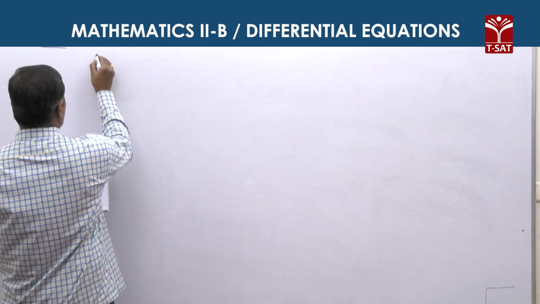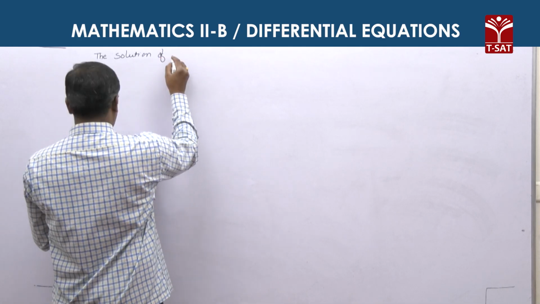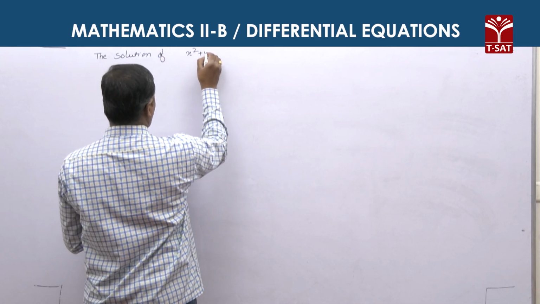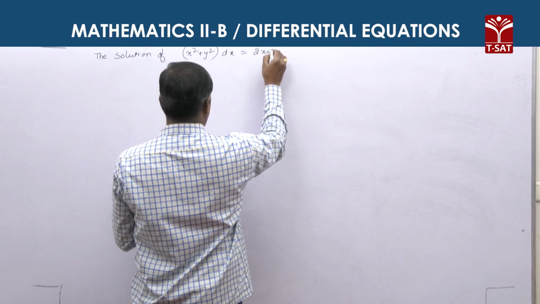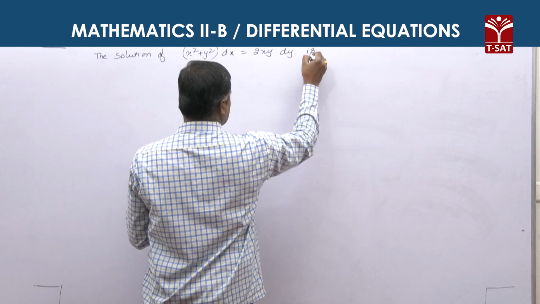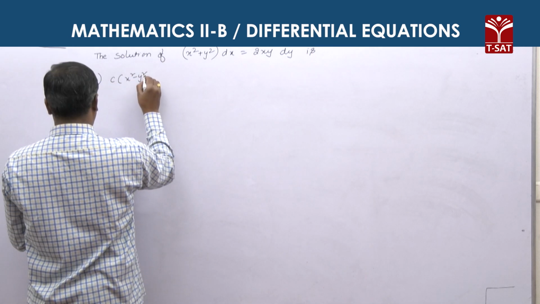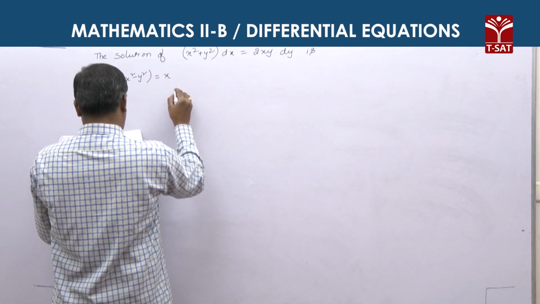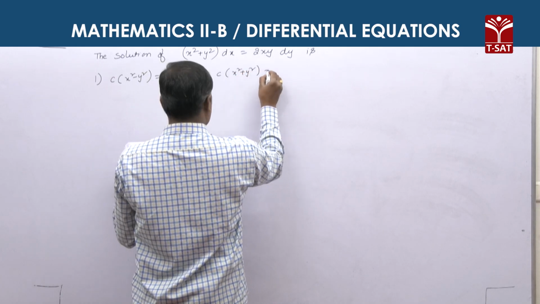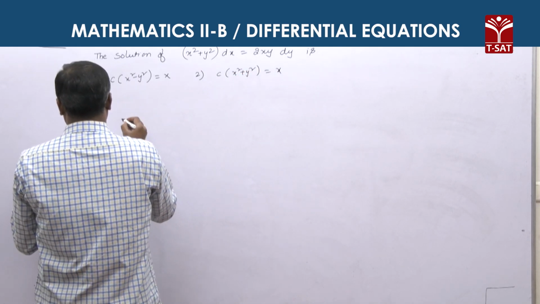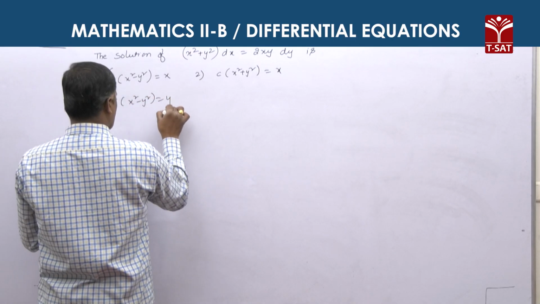Problem: the solution of x square plus y square into dx is equal to 2xy into dy is: first option, c into x square minus y square is equal to x. Second option, c into x square plus y square is equal to x. Third option, c into x square minus y square is equal to y.